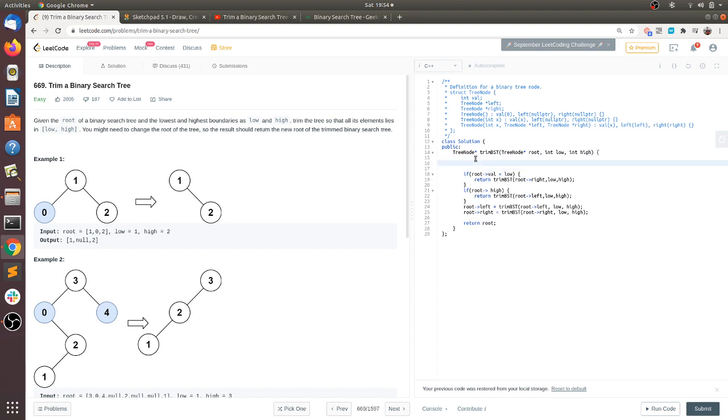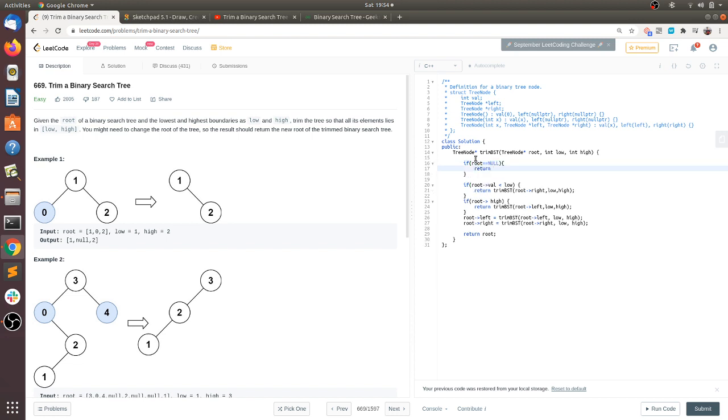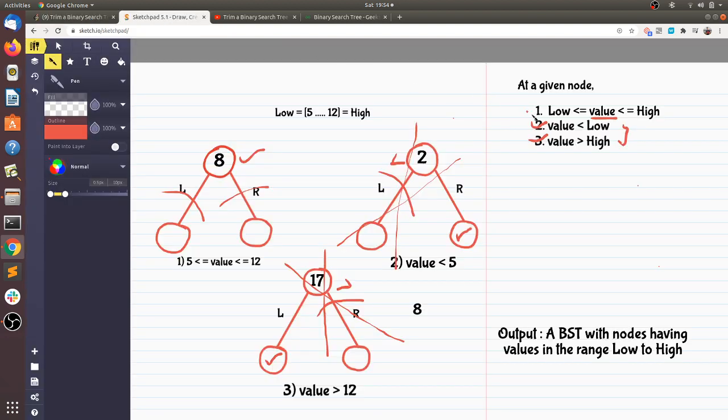The stopping condition would be obviously the base case, in which my given node being null, that is if root is equal to null, I will return null, right? Looks good. Yeah, so we've considered all three cases here. The first two lying outside the boundary, and then if it lies in between, then I should be a part of the answer and I recurse further to my subtrees.